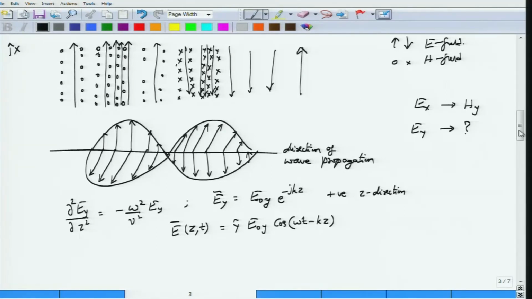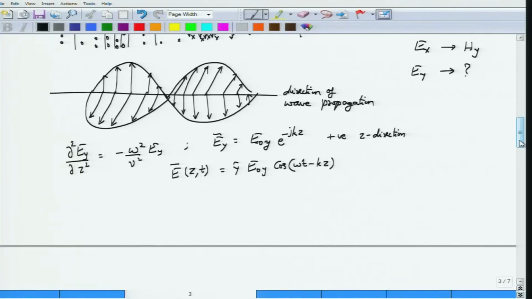Now what will happen to the magnetic field H? Well, we will not have to rederive the wave equation for this, but we can simply use the fact that there is a Maxwell's equation available to us and that Ey is a function only of z, right. So if you look at the expression for the phasor electric field, you will see that the curl will have only the x component.